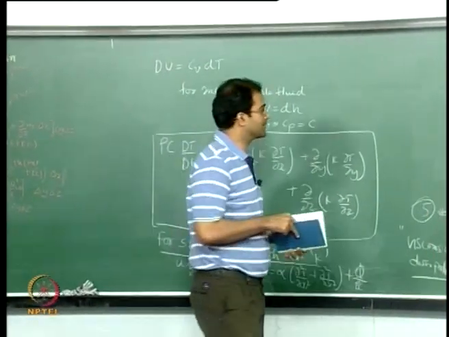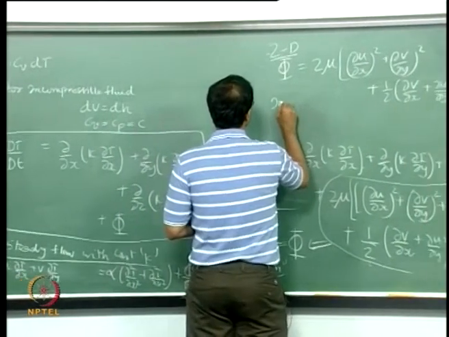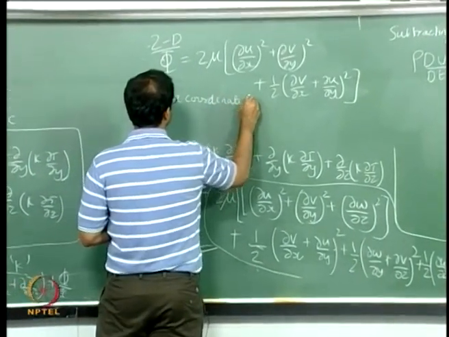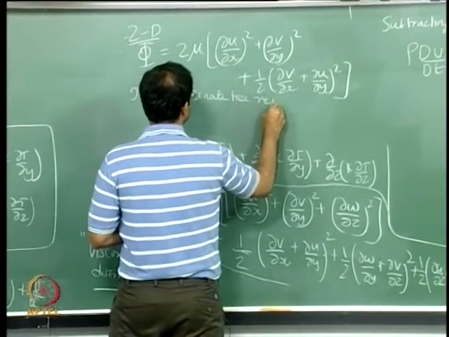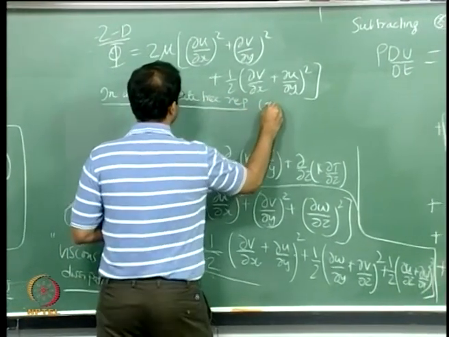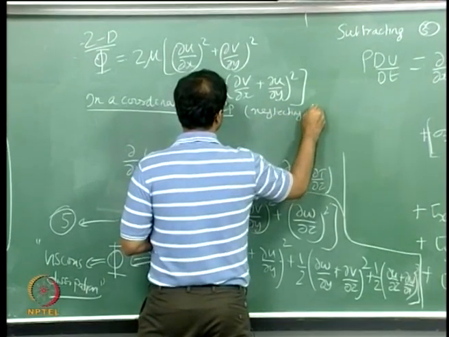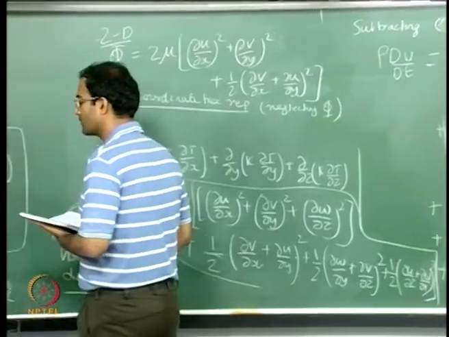Okay, in a coordinate free representation you can also do this, and suppose you neglect your viscous dissipation terms in a coordinate free representation, neglecting phi. How can you write this?